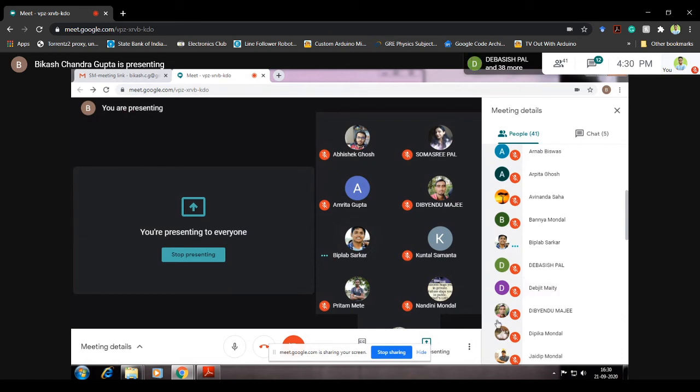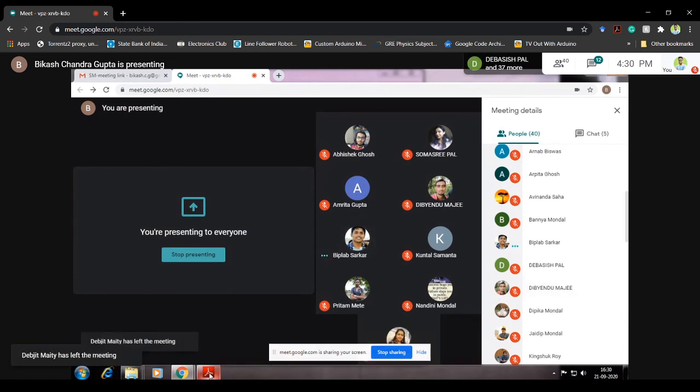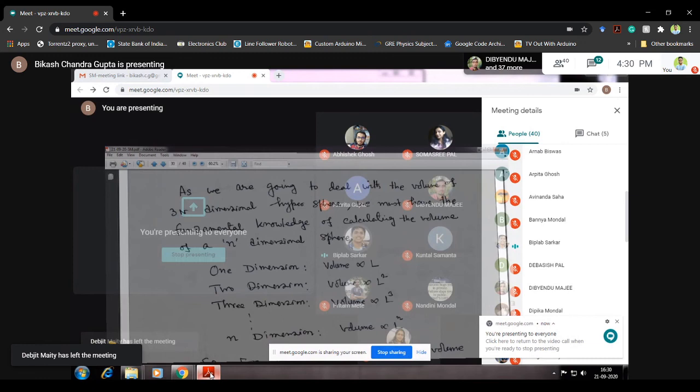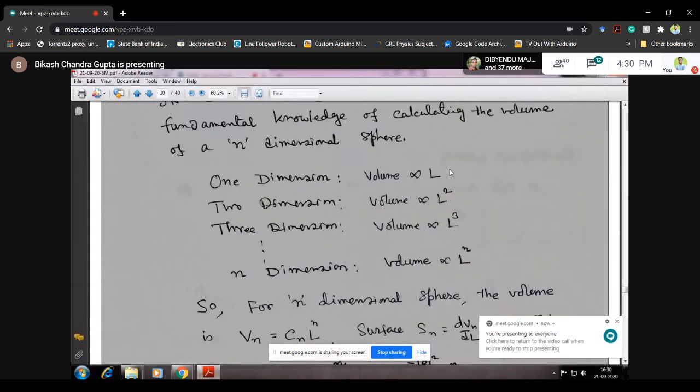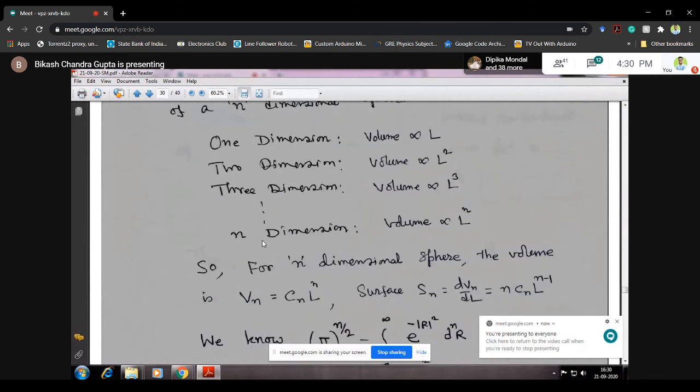Okay, so in 3D it should be like L cube, right? Here I am saying that this is the generalized volume. In 1D it will go as L, in 2D as L square, in 3D as L cube. You know, 4/3 pi r cube, 4/3 pi L cube. Now I'm talking about a sphere.